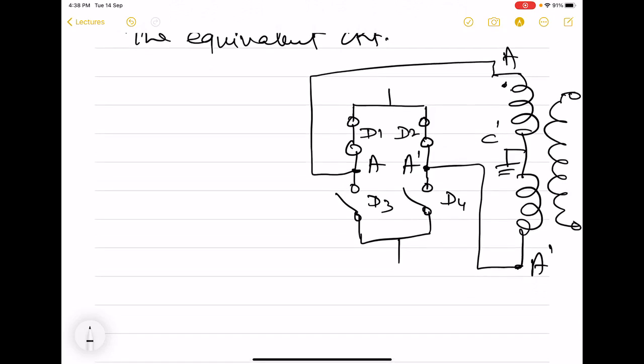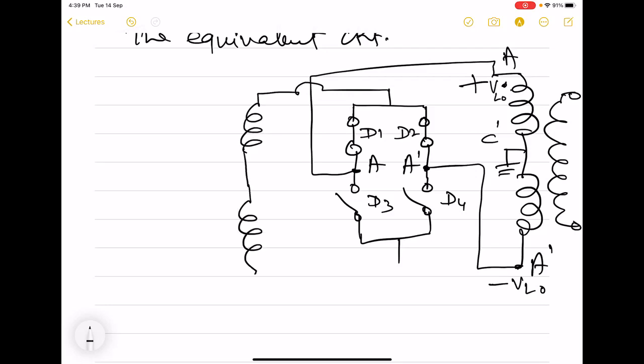If A is at a certain positive voltage, A dash will be of the same numerical value but negative voltage. Say if this is VLO, this is minus VLO. Now we need to find out what will be the output voltage, which is the voltage at this node C.